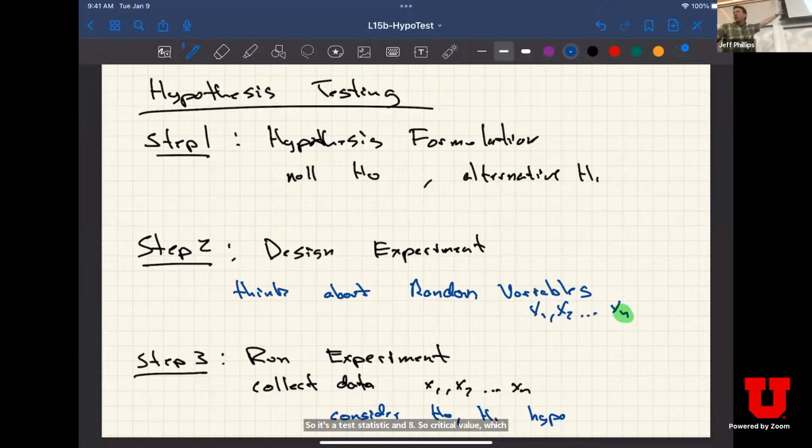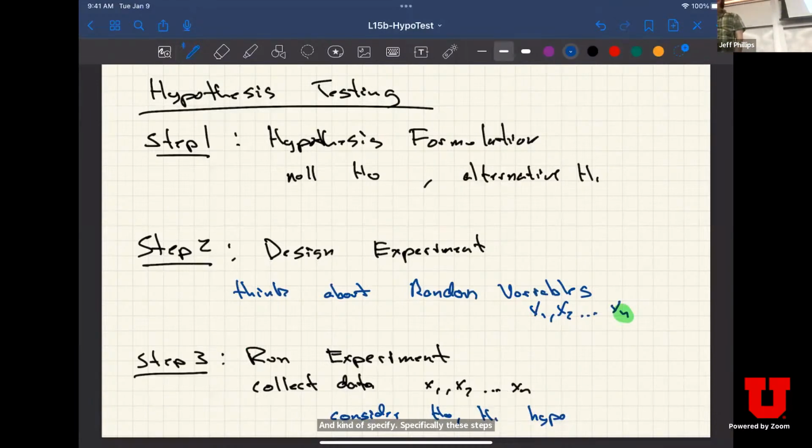And then we're going to look at accepting the alternative hypothesis, or rejecting the null hypothesis. That'll be something we do in step 3. Okay, so I'll now go through some examples and specify these steps.